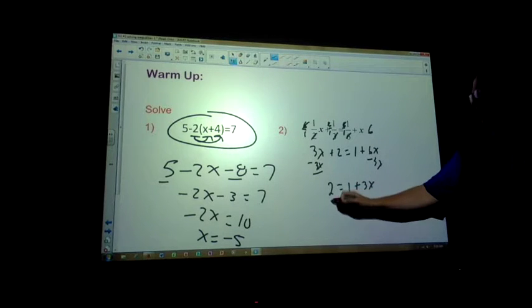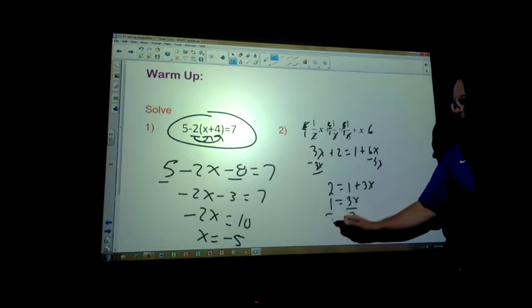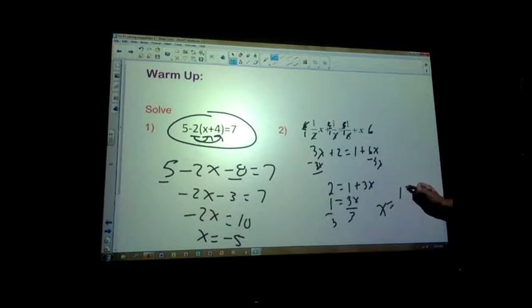Subtract the 1. And then how are 3 and x being held together? Multiplication. What undoes multiplication? Division. So x equals 1/3. All right? Wait, hold on. I subtracted 1 x. Oh, I got the x wrong. Gotcha. Cool. May I move on?